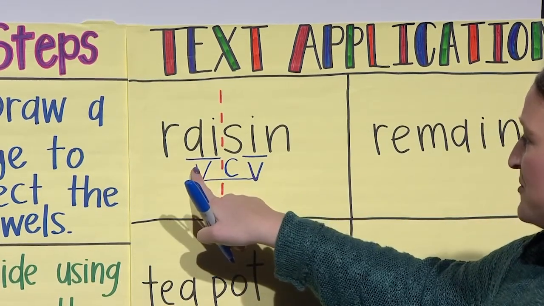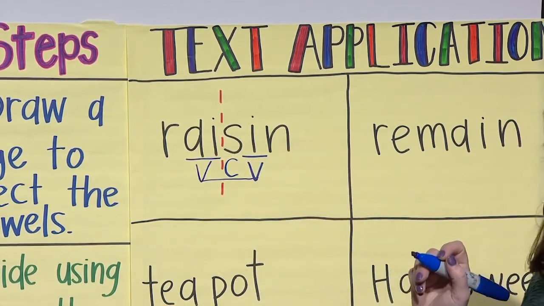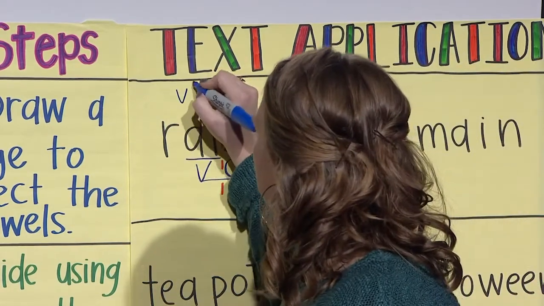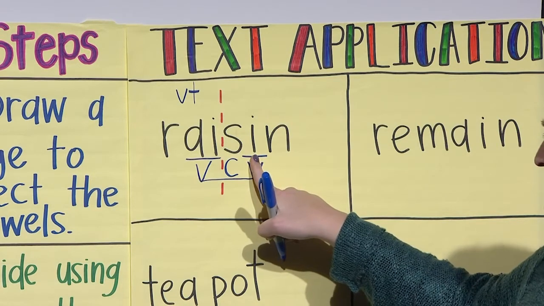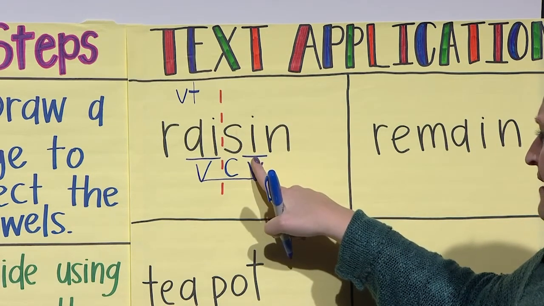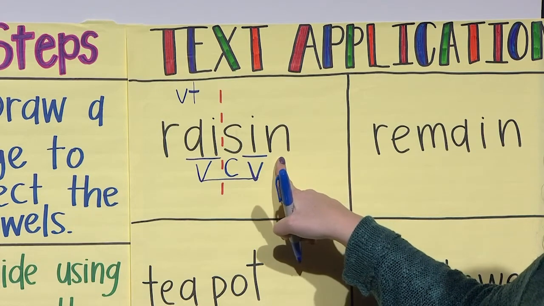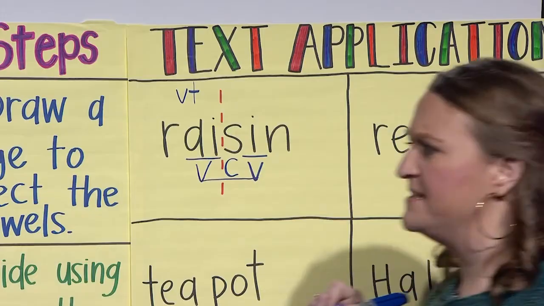What's our first syllable? We see AI, and we will label that as, yes, vowel team syllable. What's our second syllable? What vowel do we see? I, and it's followed by consonant N. Let's go to our chart and review when we see a consonant behind the vowel what type of syllable it is.